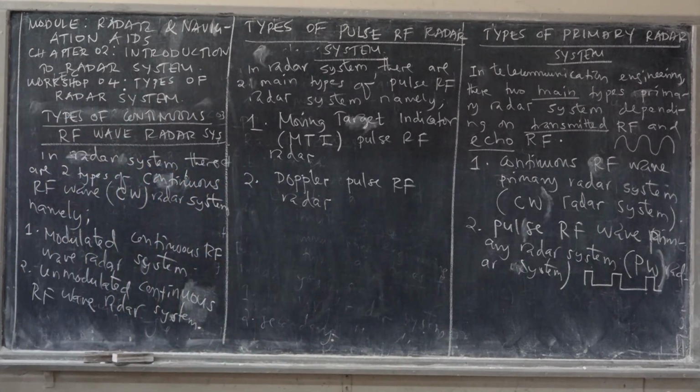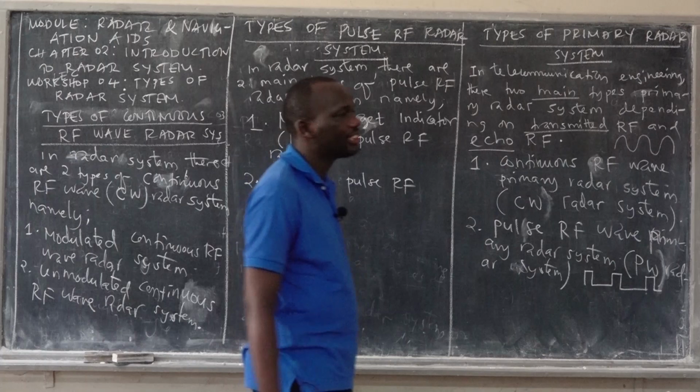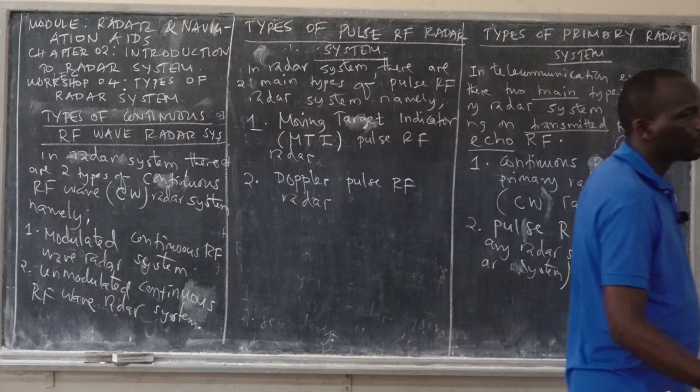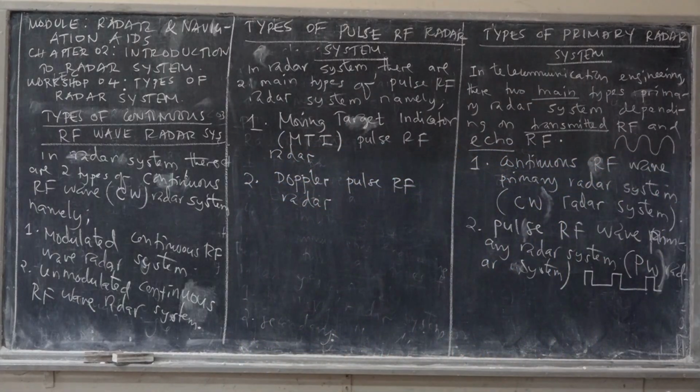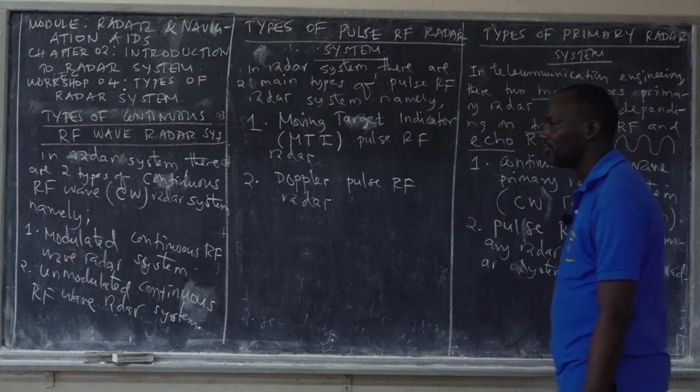So we have two types of pulse radio frequency radar. The first one is called the moving target indicator, or MTI radar system. Then the second one is called Doppler pulse radio frequency radar system.